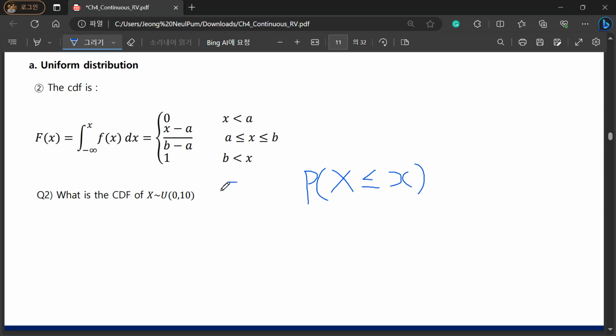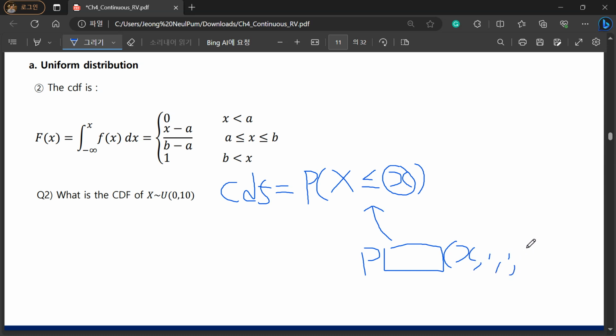So this is the meaning of the CDF value. When you want to get the CDF value, we usually use this x input in the punif function here, with the lower tail option as true.